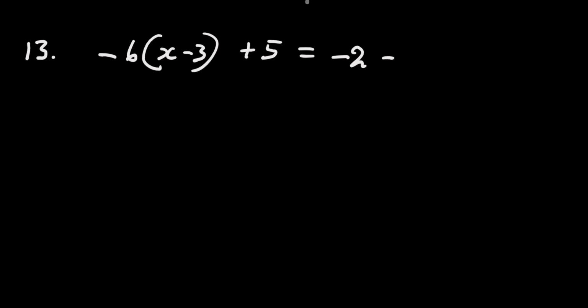If we have -6(x - 3) + 5 = -2 - 5(x - 5).